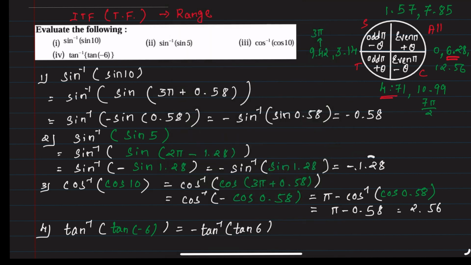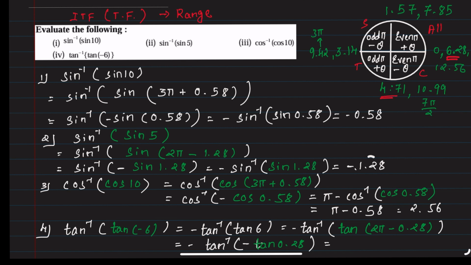In the fourth quadrant we can write this as minus of tan inverse of tan of 2 pi, that is 6.28, minus 0.28, which gives us 6. Okay. So this will be equal to minus of tan inverse of tan 2 pi minus theta, which is minus tan theta. Correct. Fourth quadrant tan is negative, so minus tan 0.28.